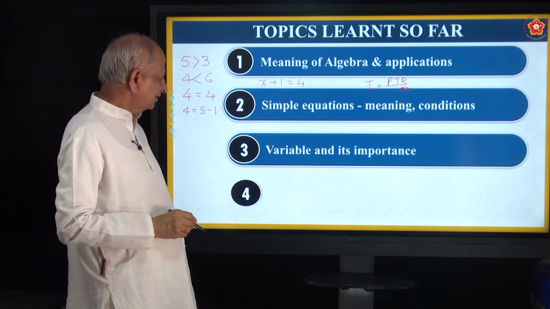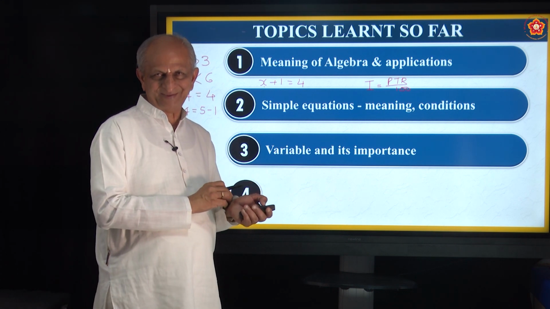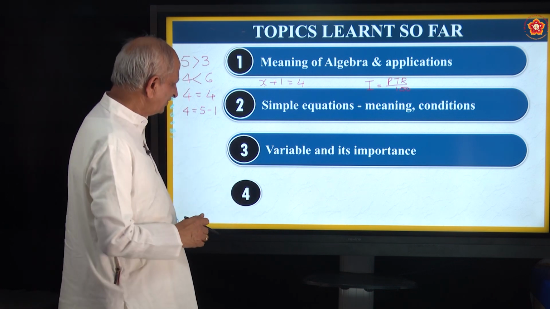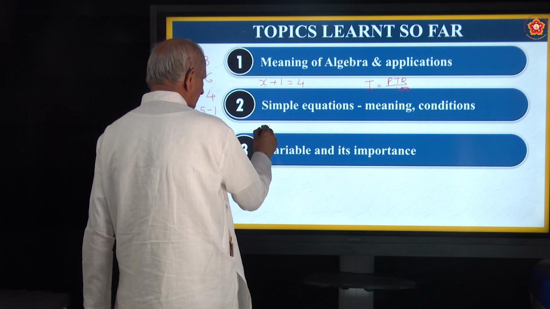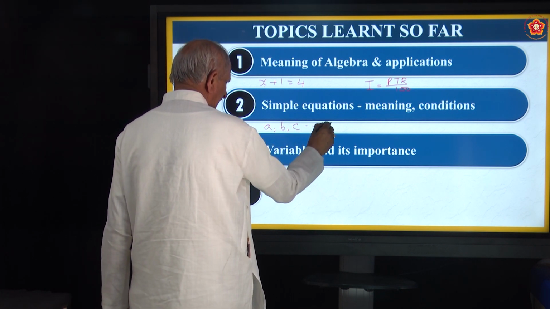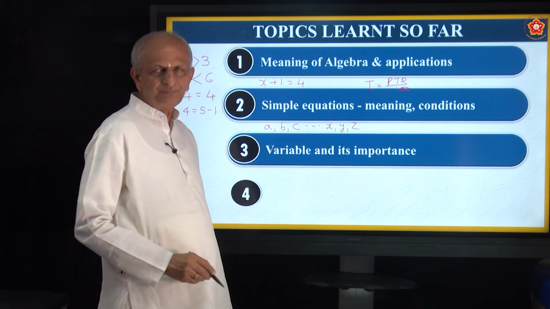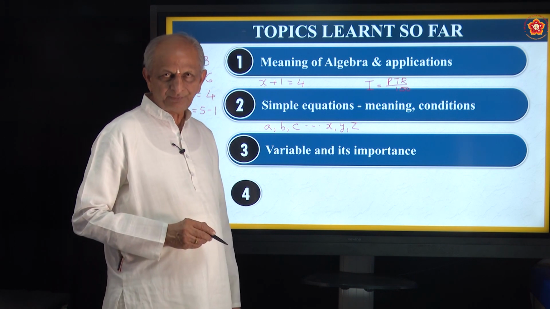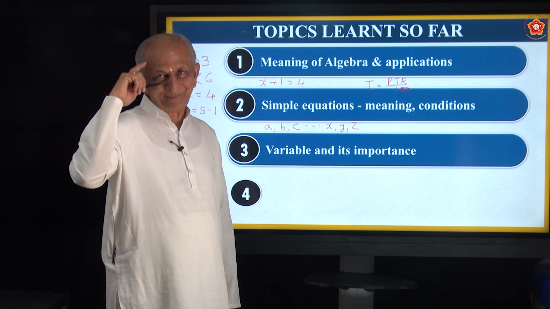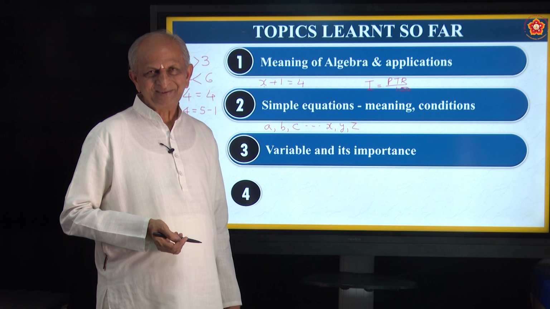And as you know, algebra is full of variables, A, B, C, X, Y, Z, etc. Those variables are nothing but terms like A, B, C, etc., the value of which is not known or the value of which varies, just like our mind that varies from time to time, correct?